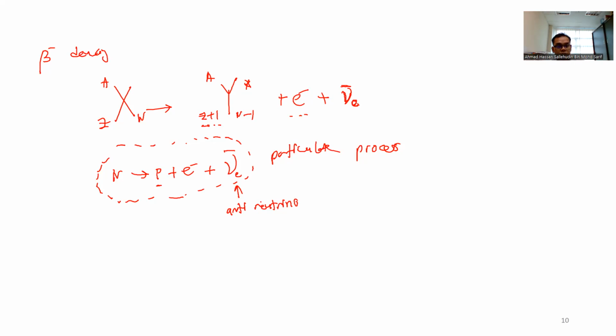So you can show the conservation of energy in this process. Beginning with the mass energy of the parent, mc square, equal to, here is a bit tricky.